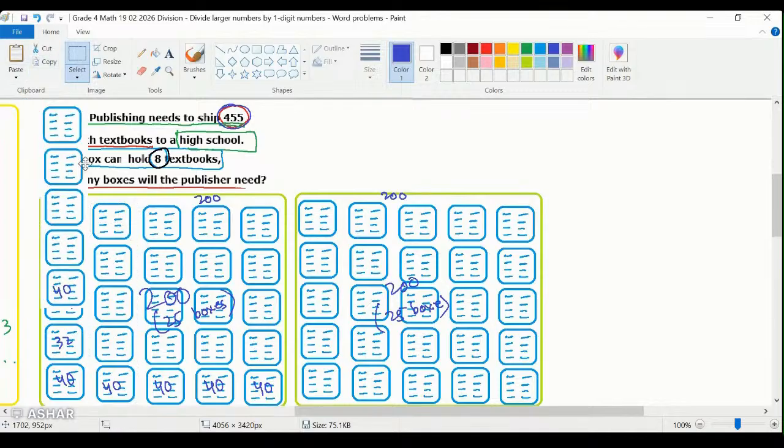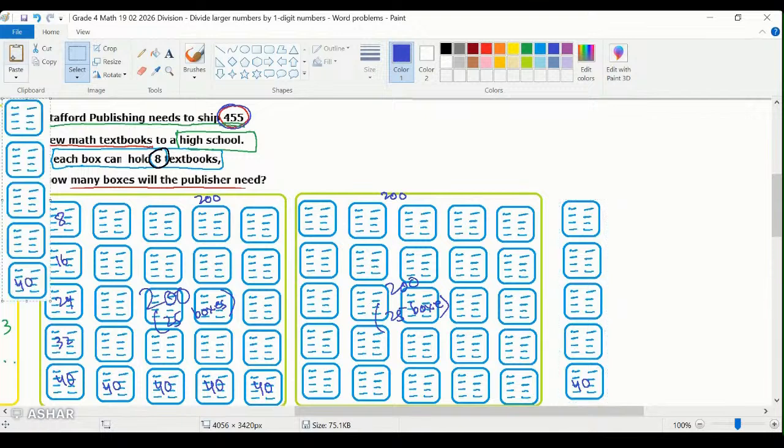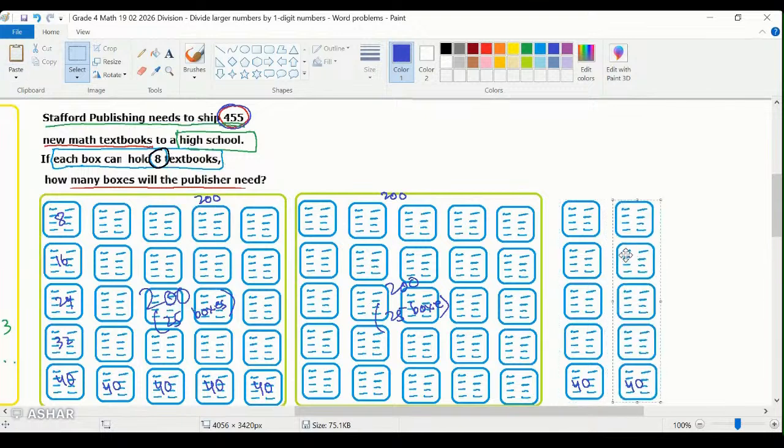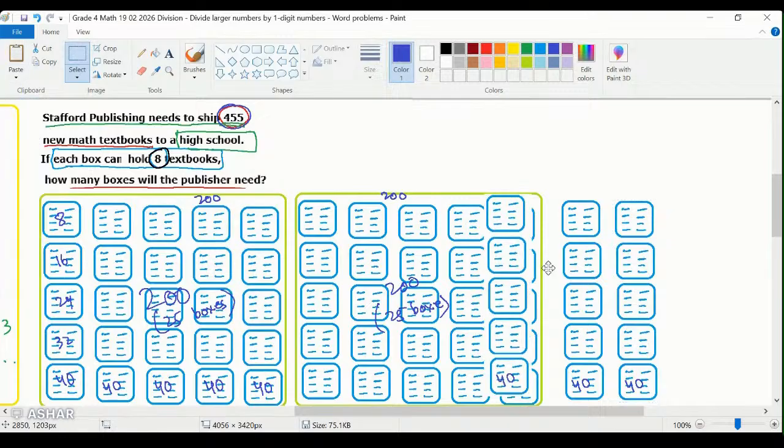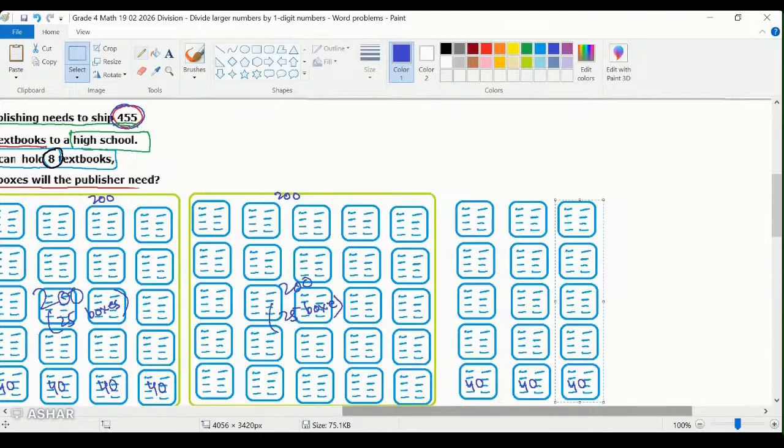can we add 40? This becomes 440, 480, 520. Agreed? This was 400 over here, 440. Just a moment, please.